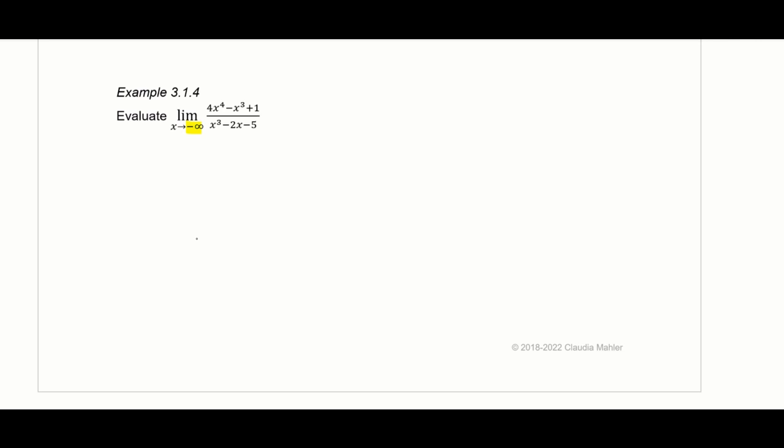Now again, notice that our numerator and denominator highest degree terms aren't the same. We have an x to the fourth in our numerator, we have an x cubed in our denominator. But we can still use our shortcut. So I'm still going to look at that highest degree term. But again, remember it's specifically in the denominator.